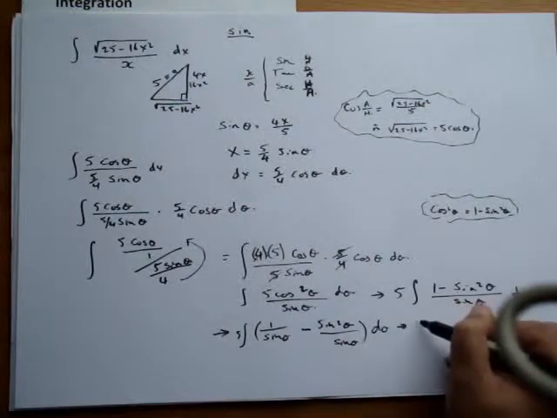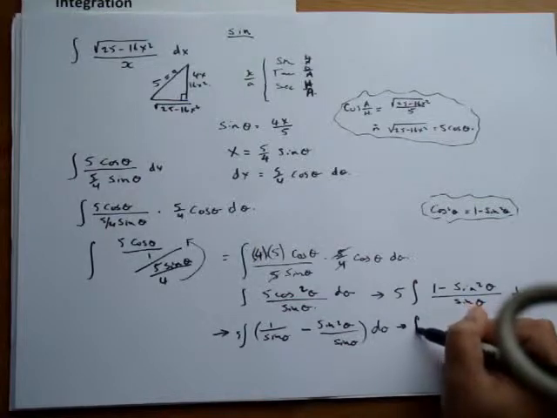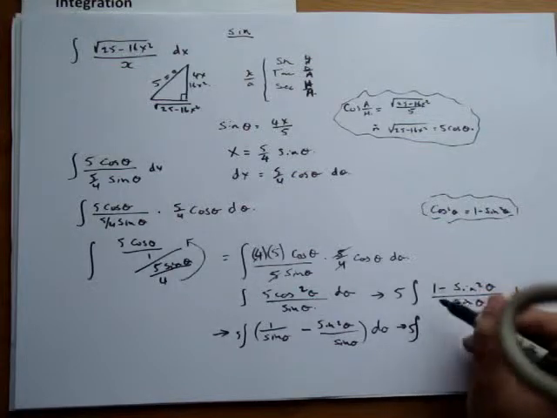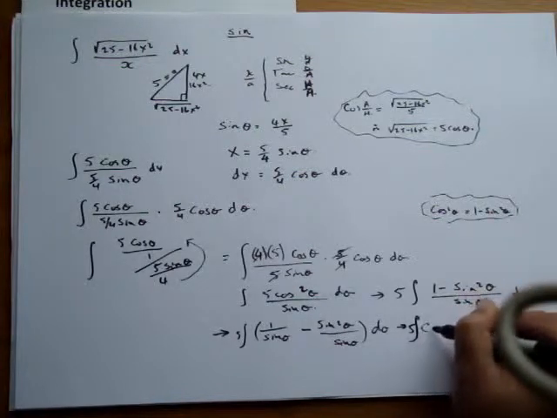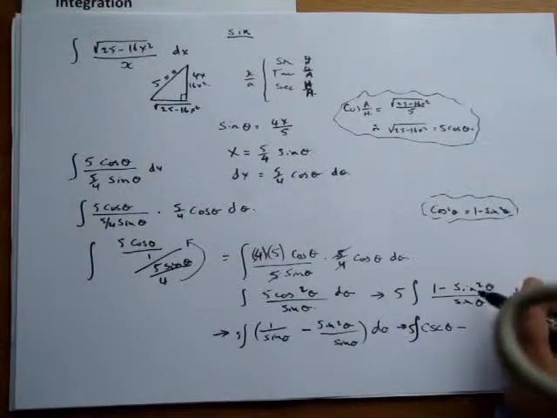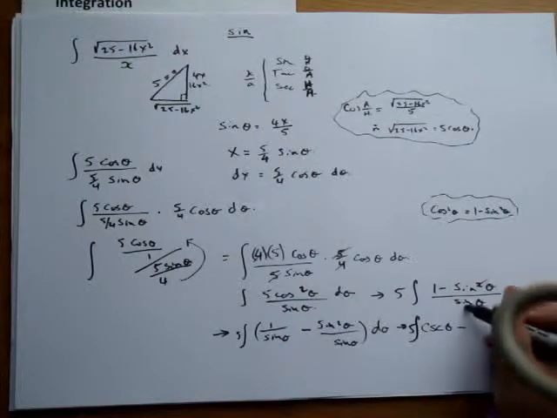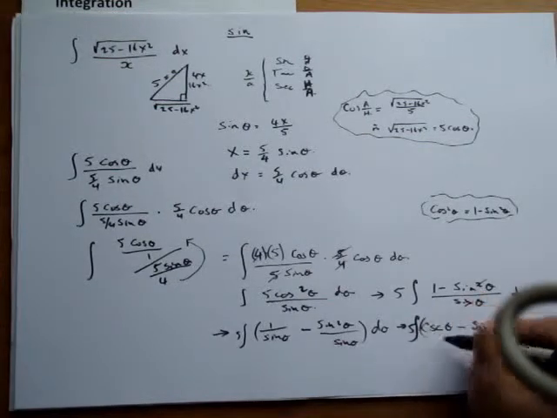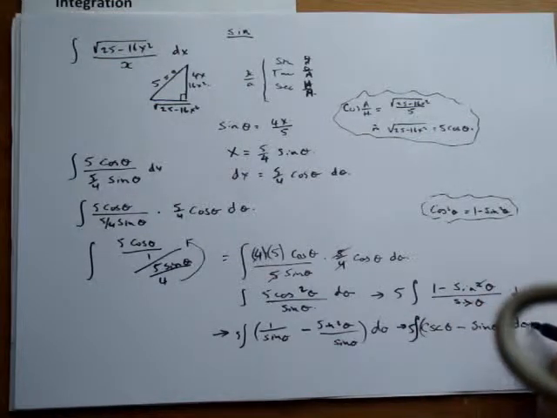This is then 5 times the integral of 1 over sine theta, cosec theta, and one of the sines crosses off with that sine, and we're left with sine theta d theta.